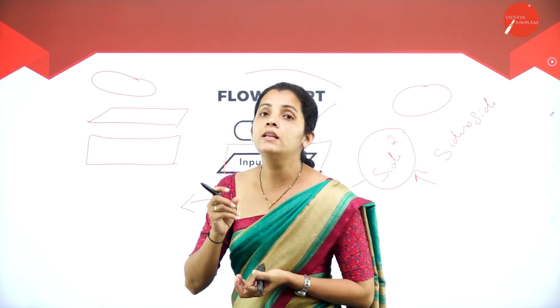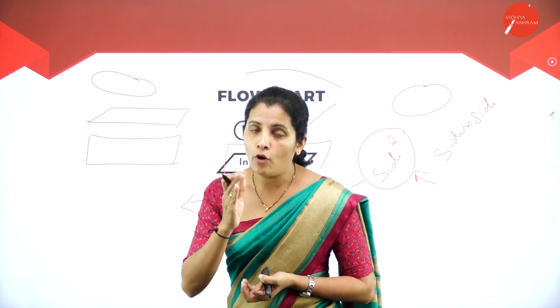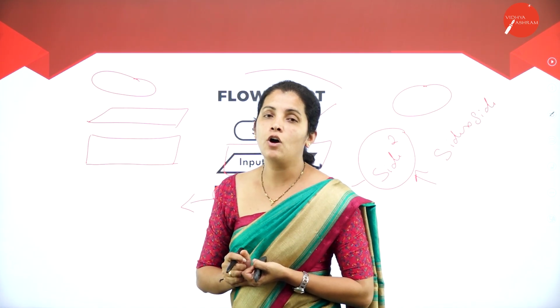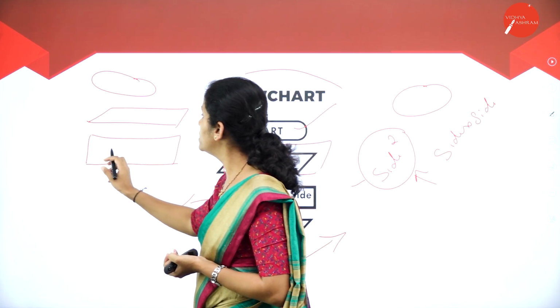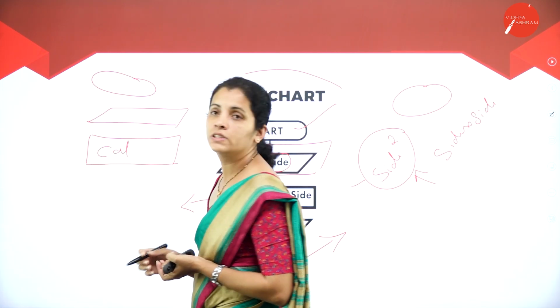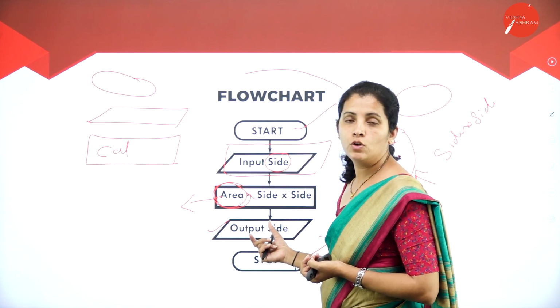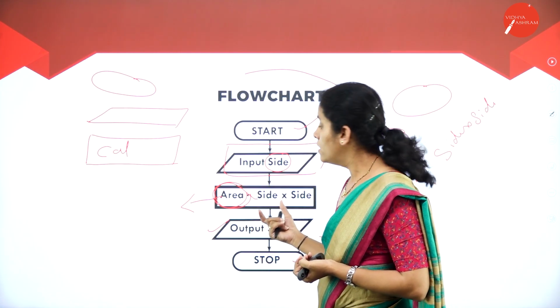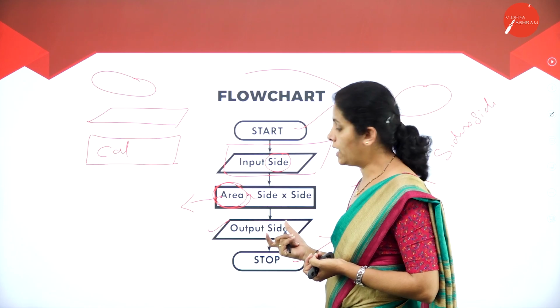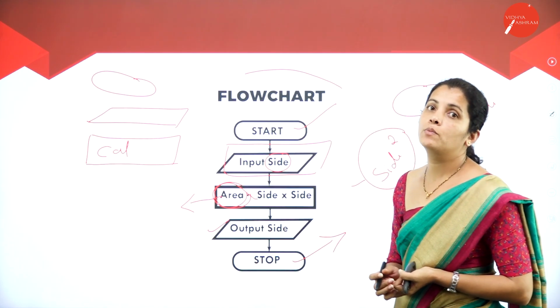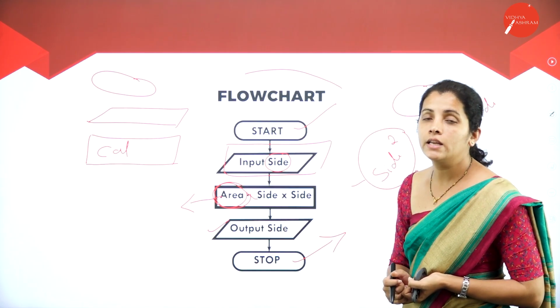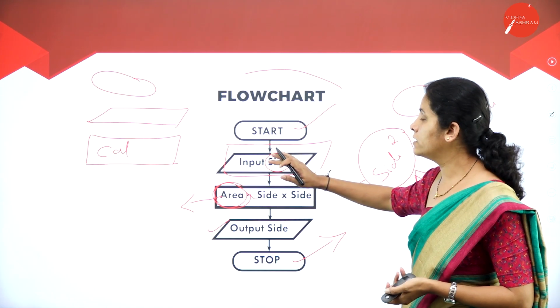That is mainly used to perform my calculation or all the processing. Then once again I'm going to use a parallelogram in order to print my output, and at the end once again I'm going to use the oval in order to stop my algorithm.